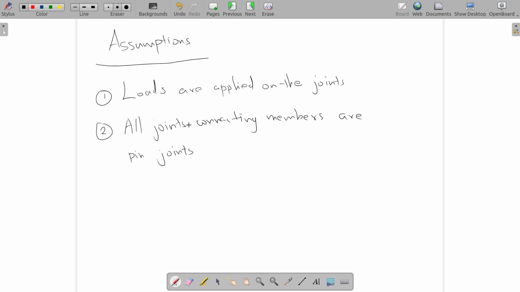So what does this mean? A simple truss can be obtained by connecting 3 simple members, and these 3 members are connected at these joints.